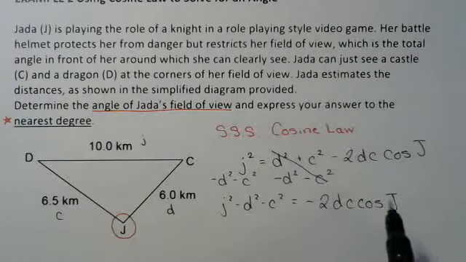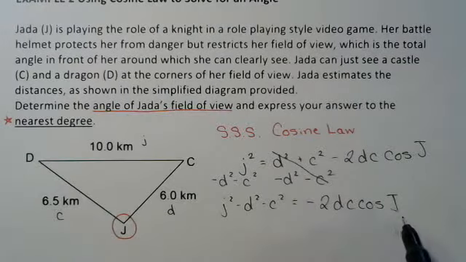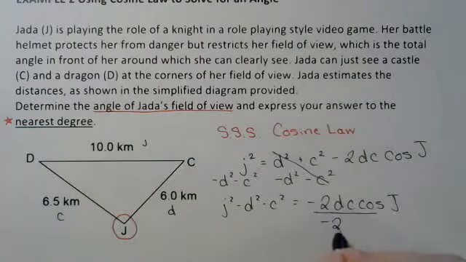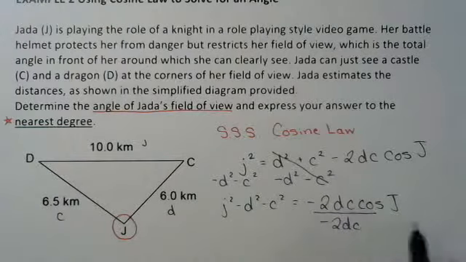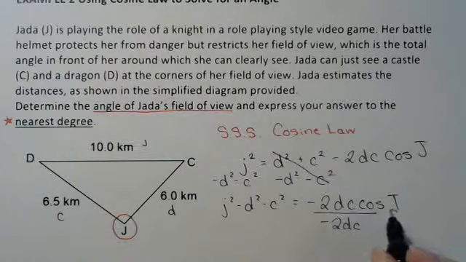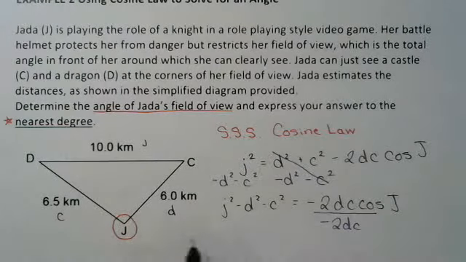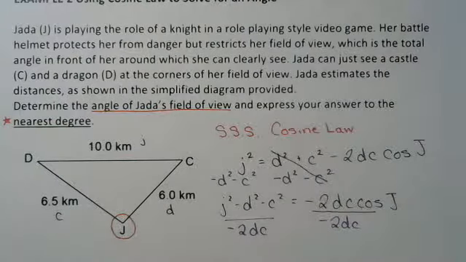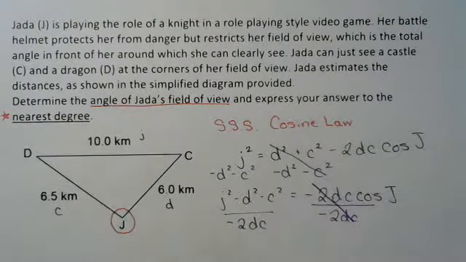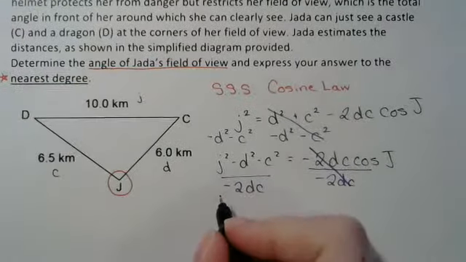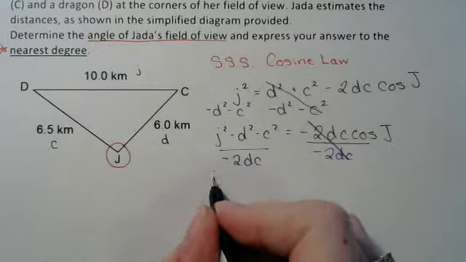Now I want to get rid of all of the other fancy stuff that's multiplied to J. Okay, the cosine J there. So I'm going to get rid of that because it's being multiplied. I'm going to divide it. Now I'm doing this before I do the cos, because the cos is the thing directly attached to J. Basically I'm getting closer and closer to J. It's 2DC.